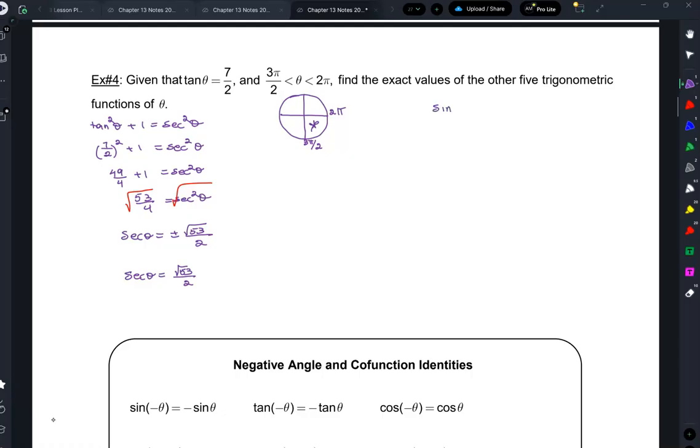We now have tangent and we have secant, so you need to find sine and cosine. All right.